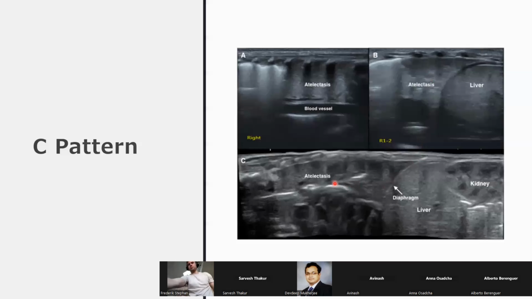And then really what you can see in this image over here is atelectasis with what I'd call these linear horizontal air bronchograms. And this is a pattern that has been linked predominantly with atelectasis, really that might reflect recruitable lung. And this is work that's been done by Jing Liu and his colleagues. But all of these are basically classified as C pattern.